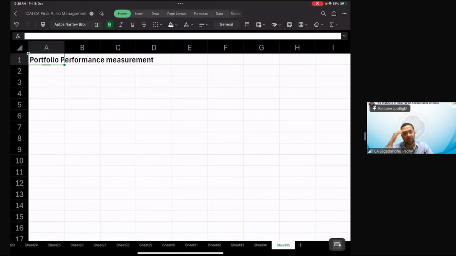For that, we have certain portfolio performance measurement tools. Now tell me, would you as an investor be interested only in the return that the fund is generating, or will you also give consideration to the risk?